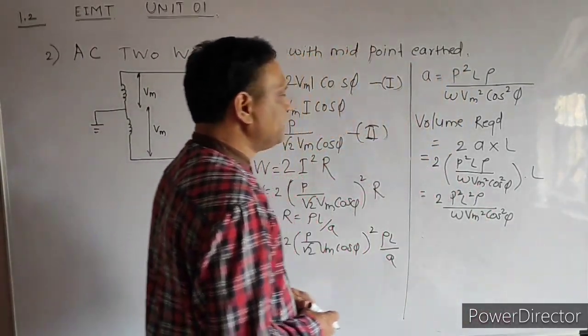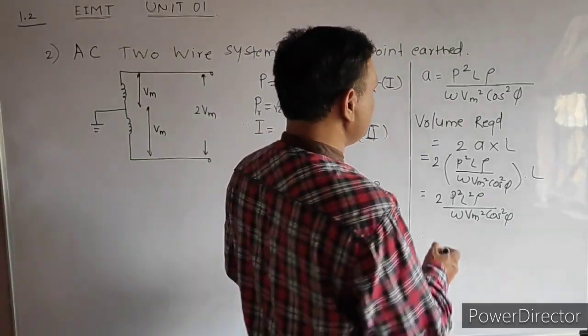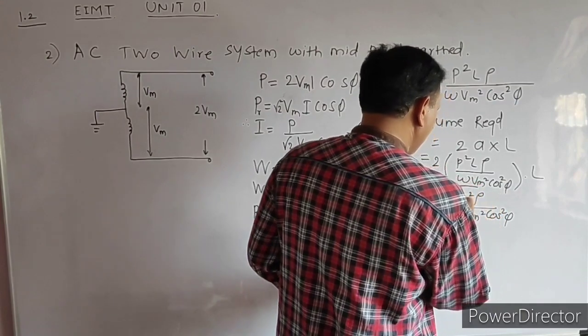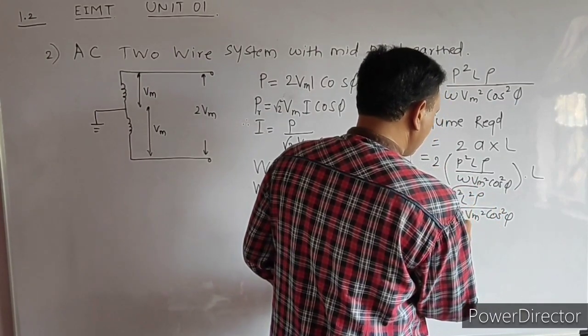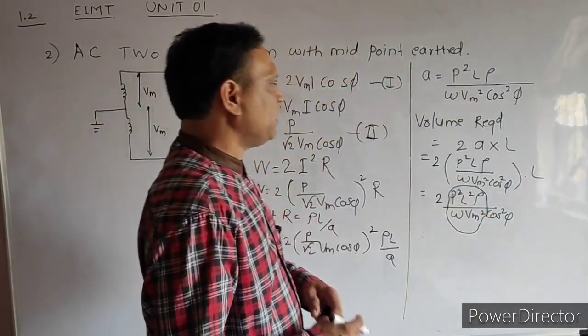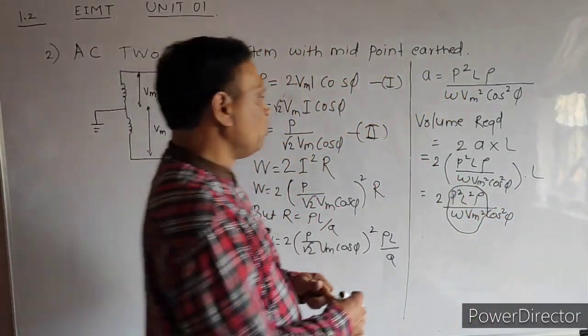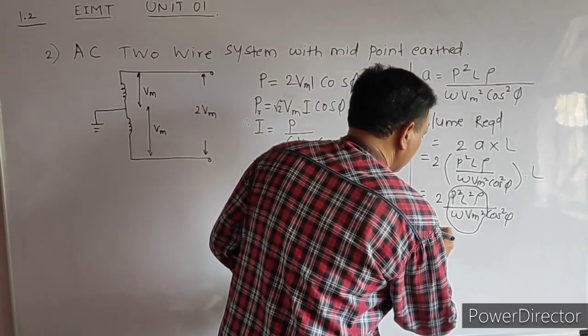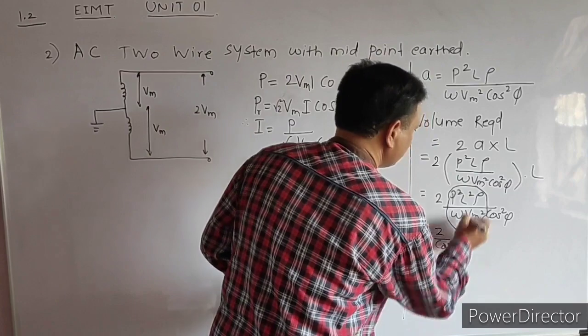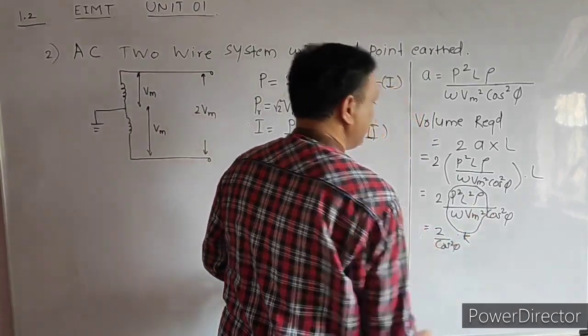Now if you check, you can easily understand this value, that is P square L square rho upon W Vm square. So this was our K. So we have to say 2 upon cos square phi, and this value is K. So we'll write here K.